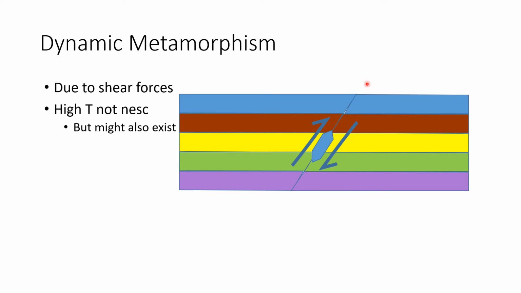As opposed to, here's a situation where we have some faulting going on, and so these big arrows on the faults mean that this fault block here on the left is going to move that direction, upward, relative to this fault block, which is going to move downward over here. Later on, if we get to talk any about faulting, this would be called a reverse fault because of the direction.